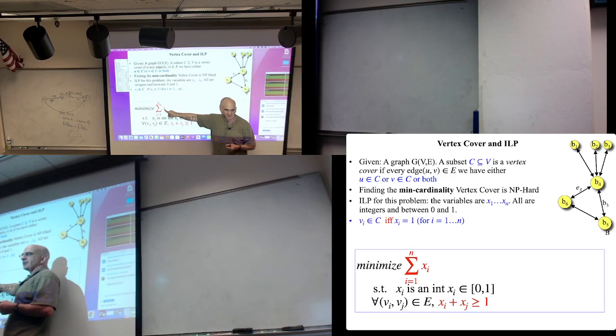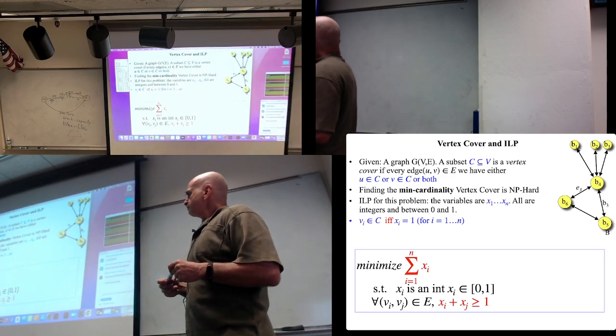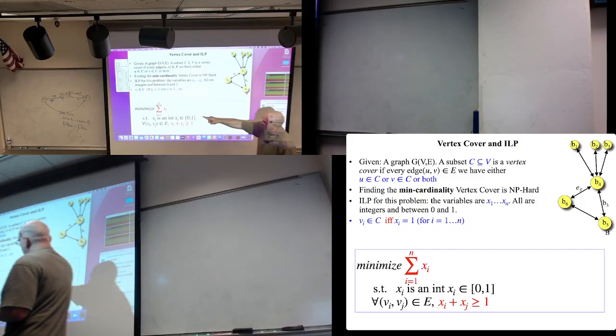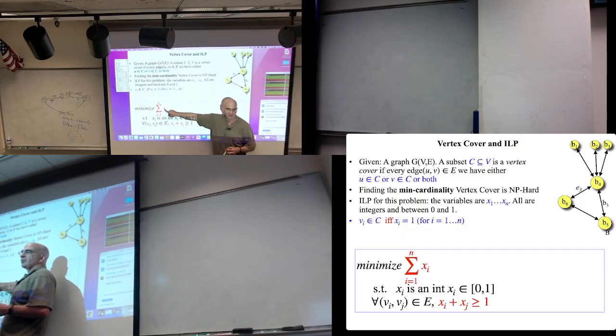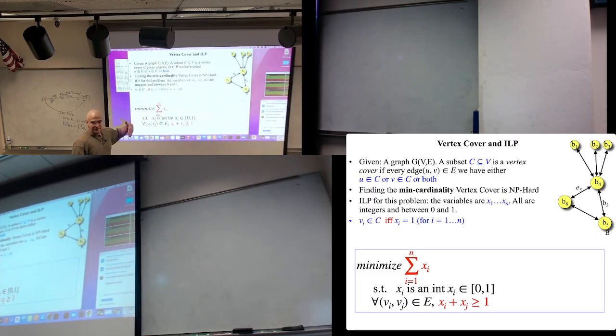If xi is 0, then vi is not used. What do I want to minimize? I'm trying to minimize the sum of the xi's, the number of vertices that I used in the cover. What are the constraints that determine my feasible region?